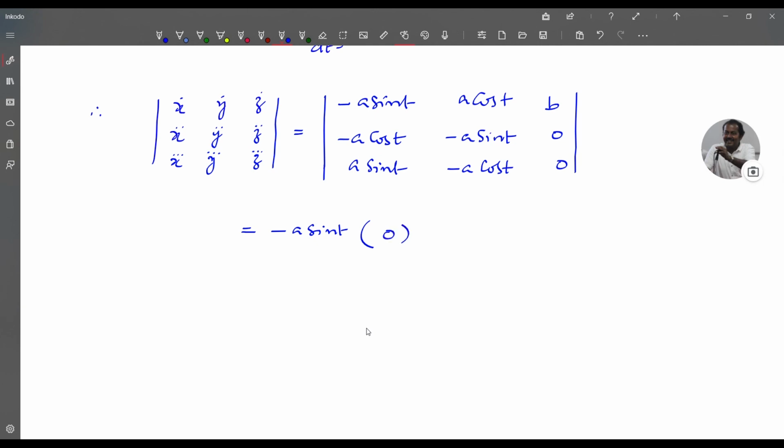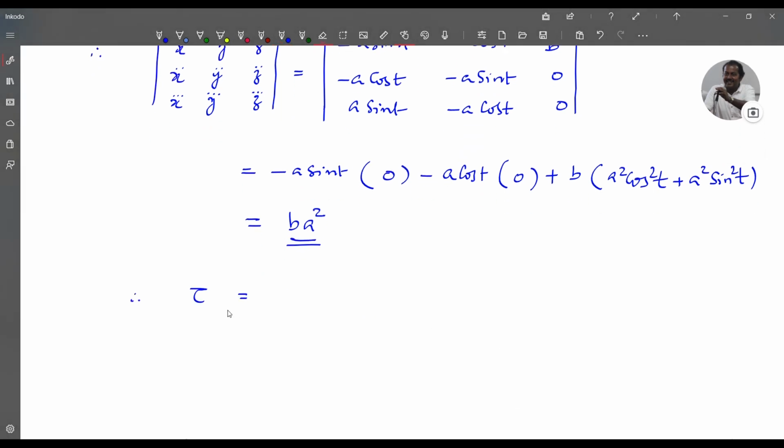So this is 0, minus a cos t into minus a cos t into 0, 0, minus a sin t into 0, 0, plus b into a square cos square t plus a square sin square t. So this is b into a square, because this is a square into cos square t plus sin square t. So this is b a square.